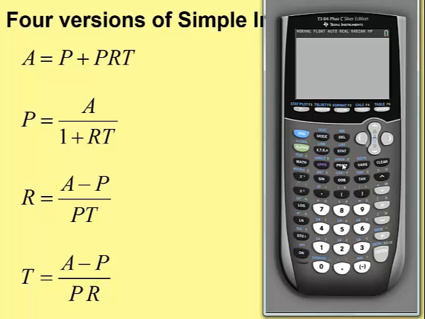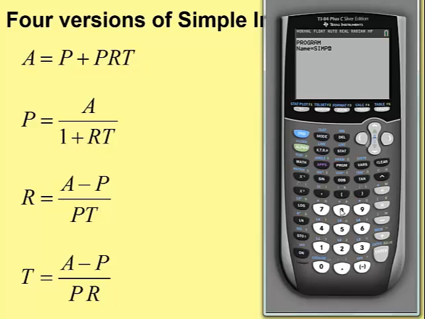Let me show you. We're going to take the first formula and put it into our calculator. I'm going to push the button that says PRGM. I'm going to scroll right to where it says New and press Enter. So I'm creating a new program. Now this is the simple interest formula, so I'm going to start the name by spelling out S-I-M-P.